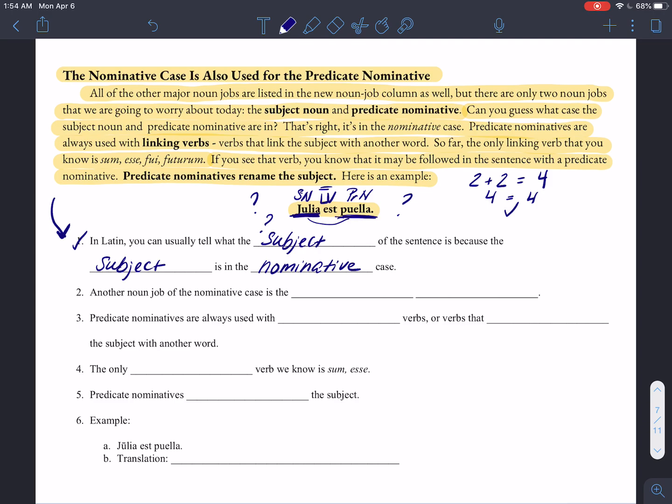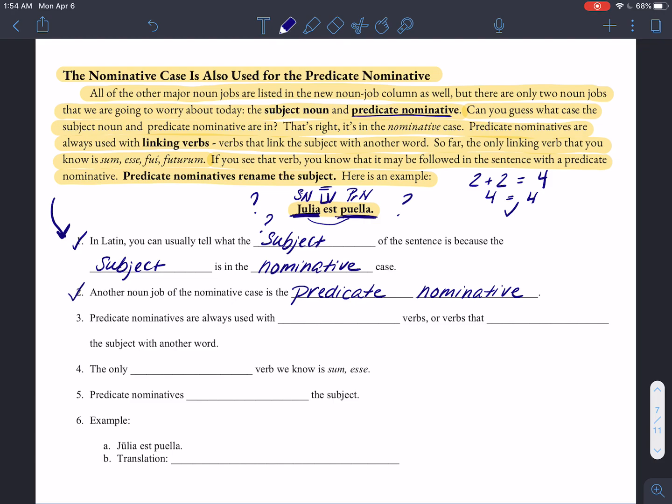Number 2. Another noun job of the nominative case is the predicate nominative. That's number 2.